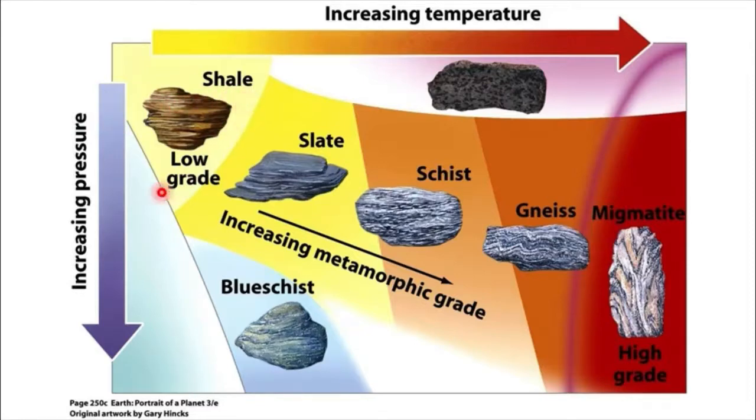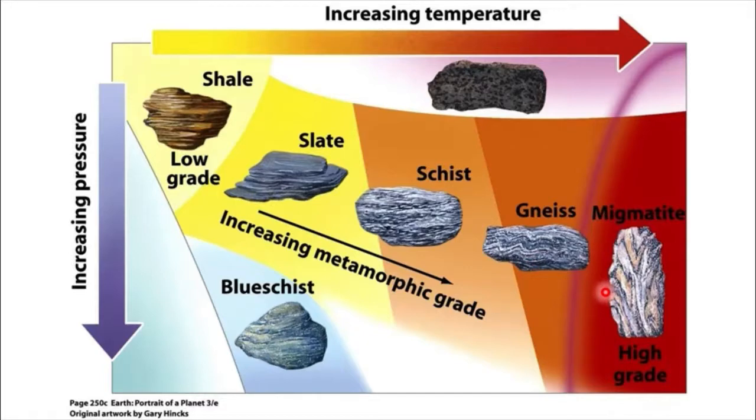As the pressure and temperature are increased, it can produce another setup of the crystals of that rock into slate. As you increase the temperature and pressure further, you will produce schist, going to gneiss and migmatite.